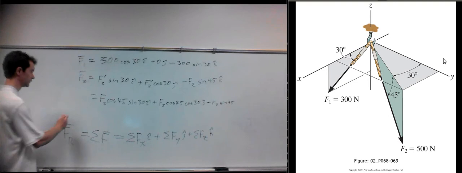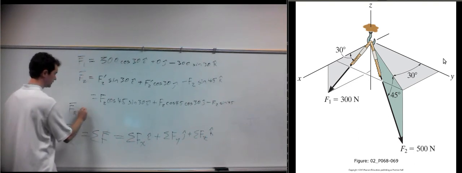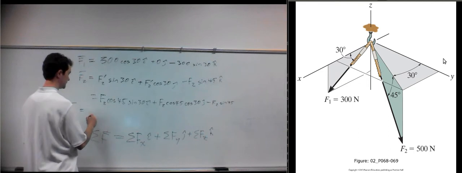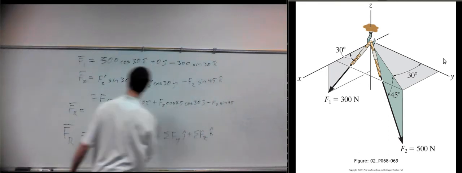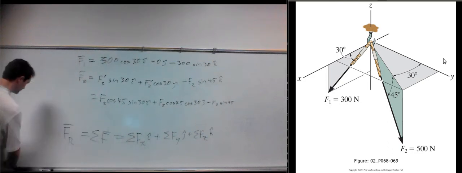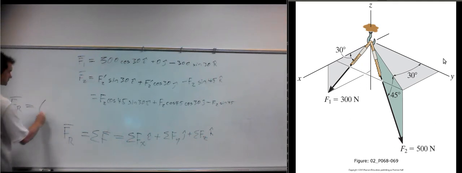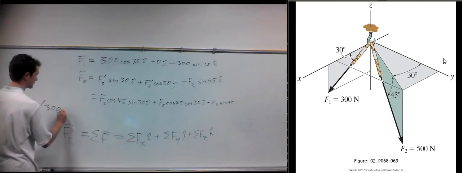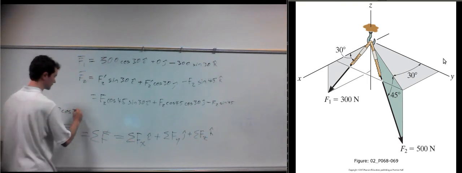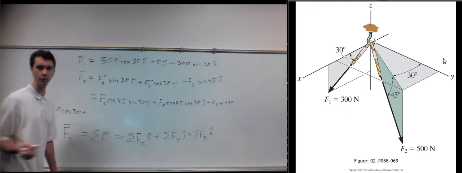And to get the resultant, we just add the x and y components. So this is going to be pretty long. I'll go ahead and scoot over to make sure there's room on the board. Oh, well, we know the magnitude of F2.